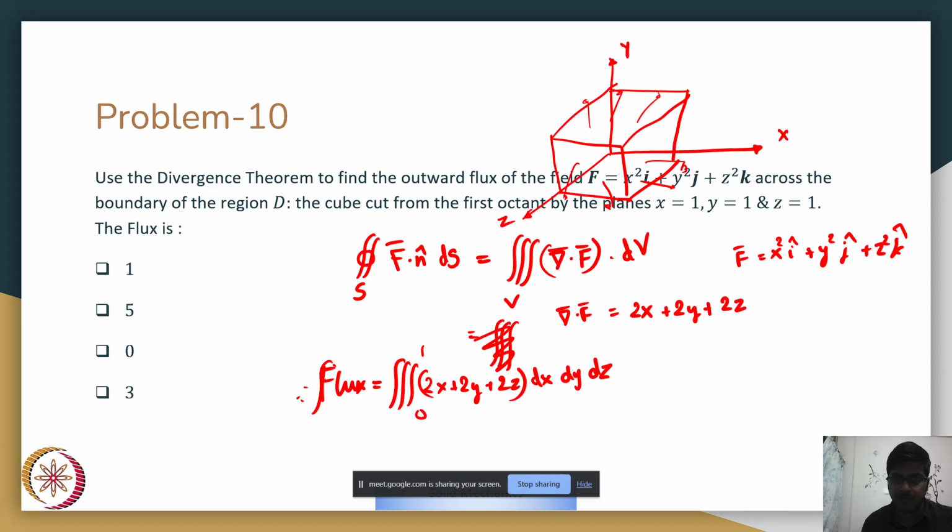x will vary from 0 to 1, y will vary from 0 to 1, z will also vary from 0 to 1.